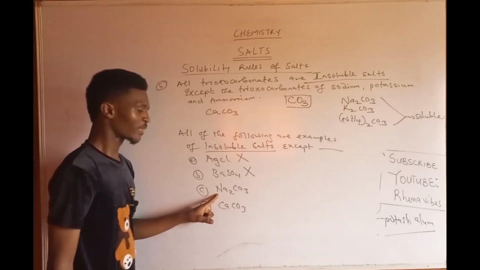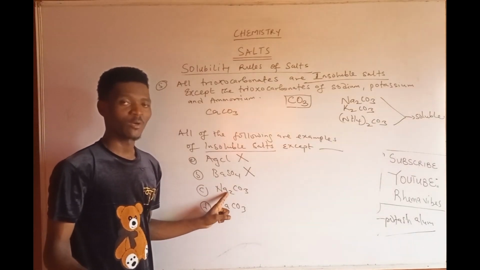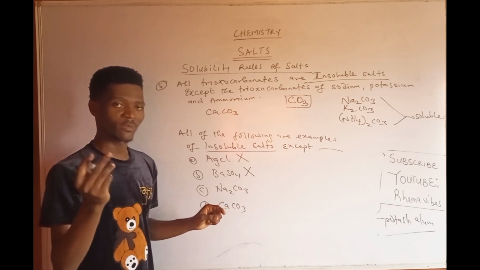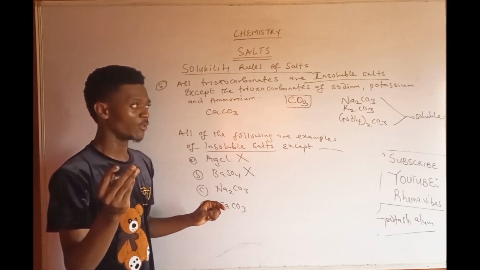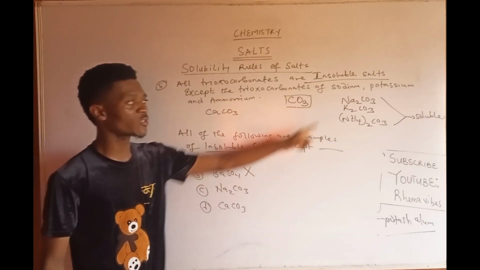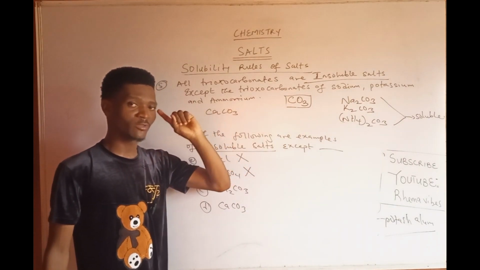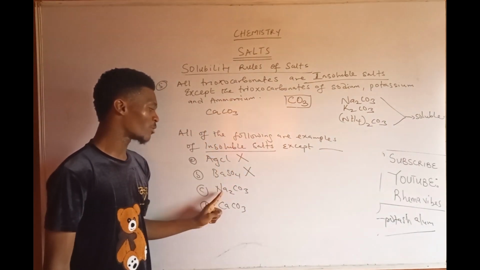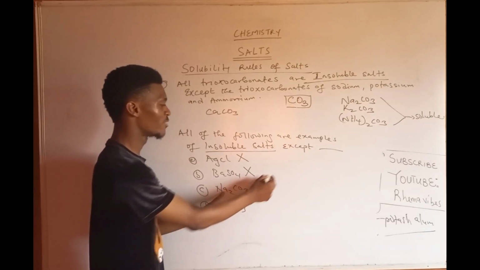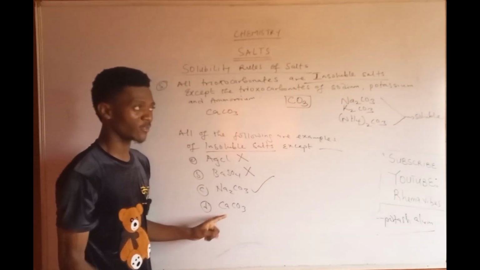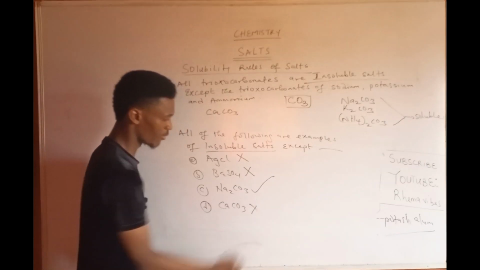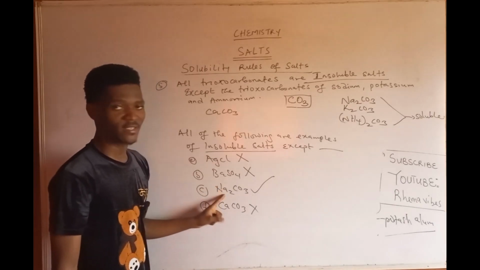Then looking at this one, all trioxocarbonates are insoluble except sodium carbonate, potassium carbonate, and ammonium carbonate. So this is soluble. Even if you don't remember this, just remember from rule number 1 that any salt compound with Na is a soluble salt. So of course, this becomes the answer. Then CaCO3 is obviously insoluble, so this is wrong. These three are insoluble, while this one is soluble.